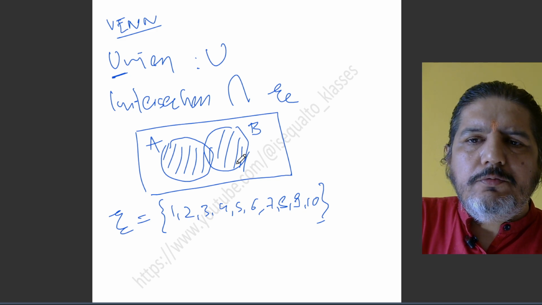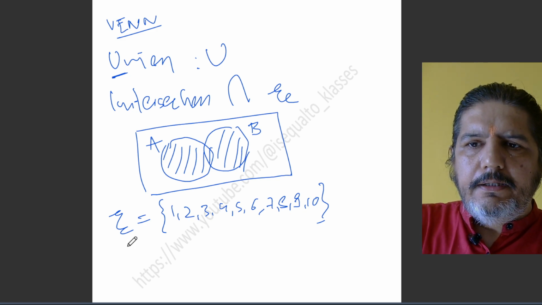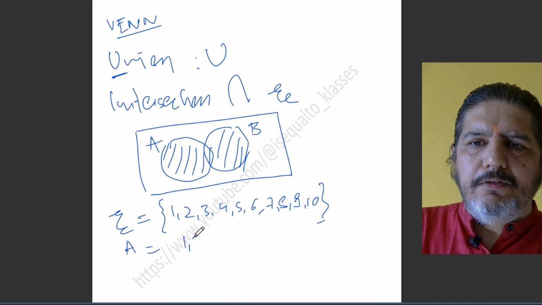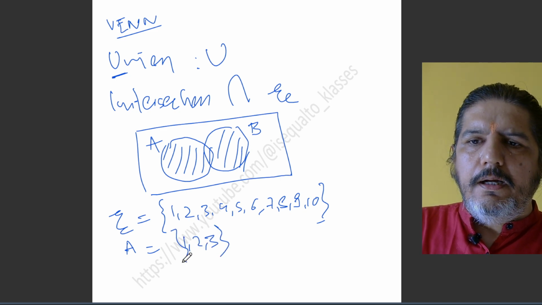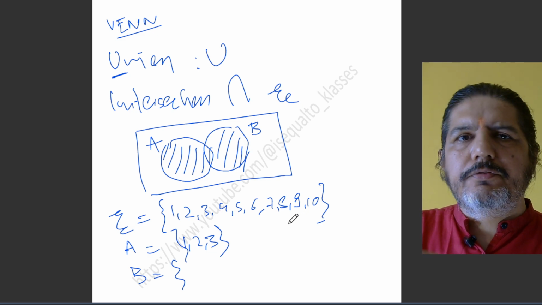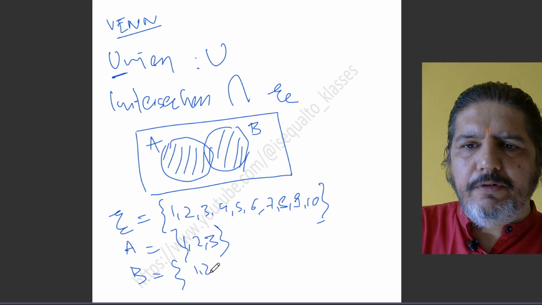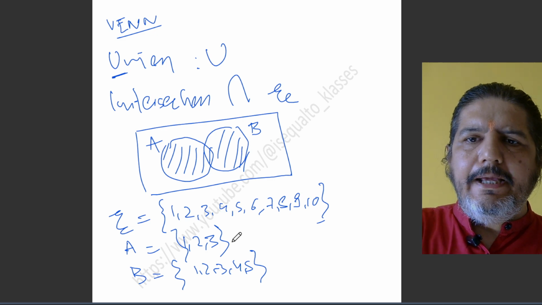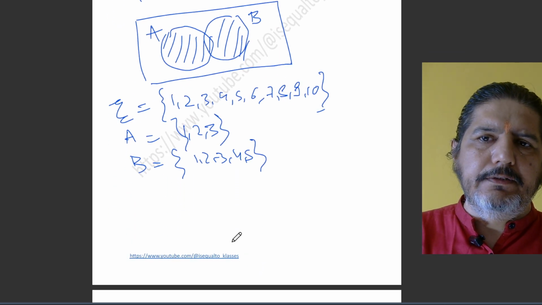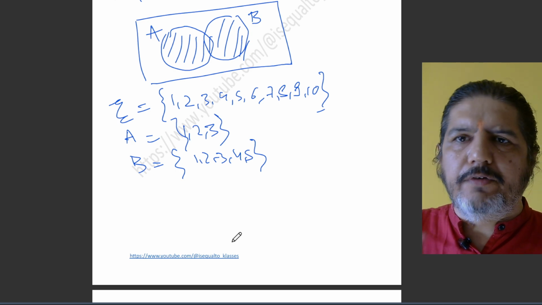In this case, for example, my set A is the first three natural numbers: 1, 2, 3, and my B is the first five natural numbers: 1, 2, 3, 4, 5. So A and B sets have been defined like this: A is 1, 2, 3, B is 1, 2, 3, 4, 5.